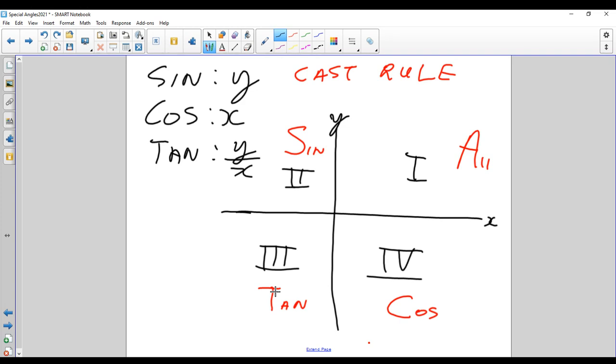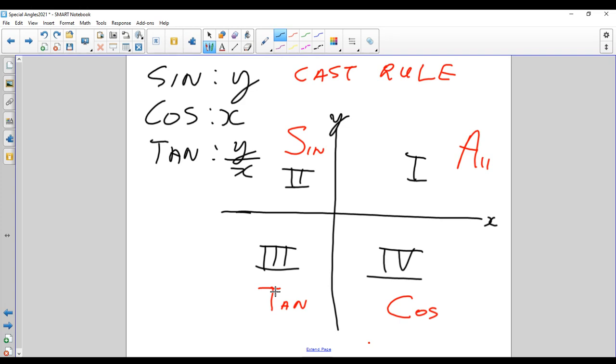What we said is, and there's a reason for this, they're all positive in the first quadrant: sine, cosine, and tangent. The reason is, I'm on the positive side of the x-axis. That's why cosine is positive. I'm on the positive side of the y-axis. That's why sine is positive. When you divide your y's by your x's, since they're both positive, you're going to get a positive result. So all 3 of them are positive here.